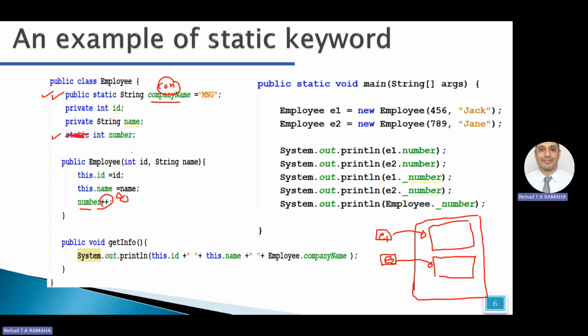This means this variable number will be different for object E1 and object E2 and object E3 and so on. So we have number here. When it's non-static, we don't have this static keyword. So we have number here and we have number here.